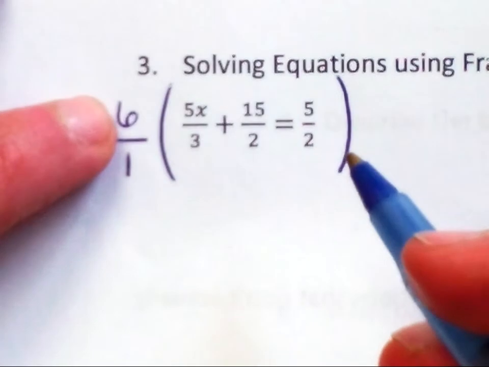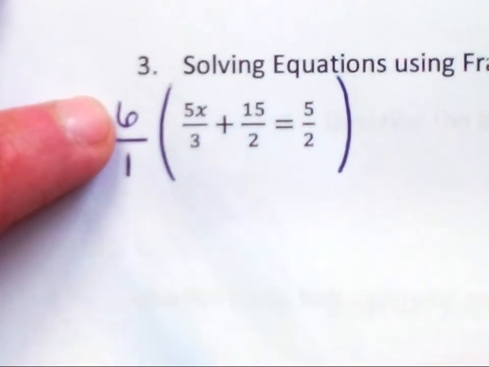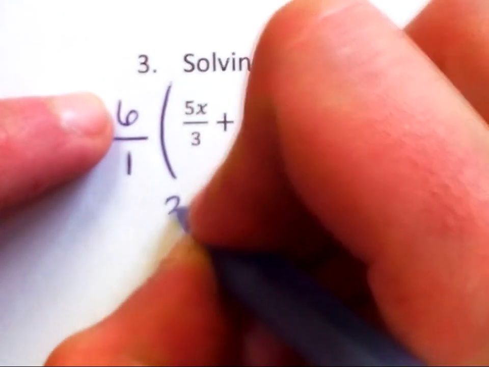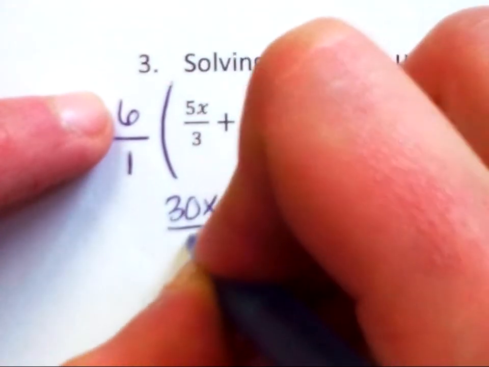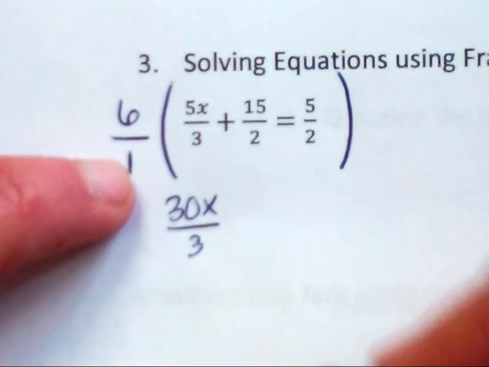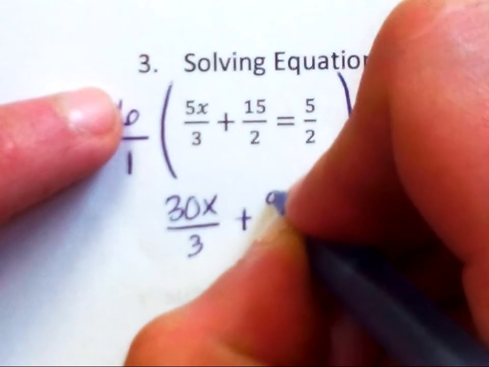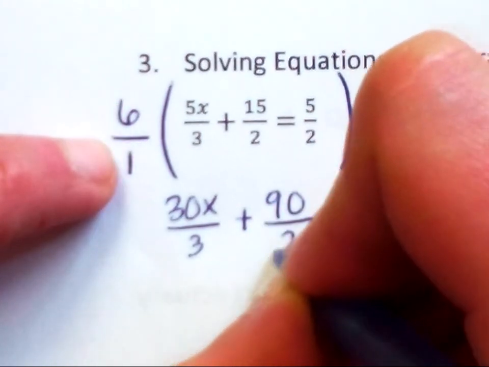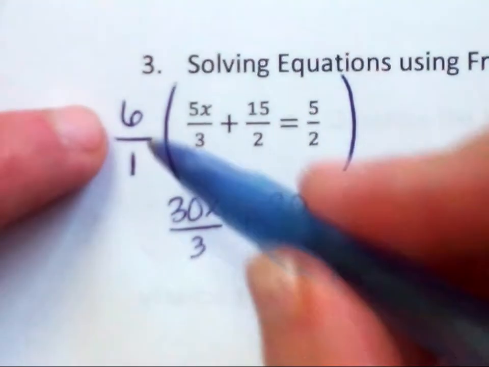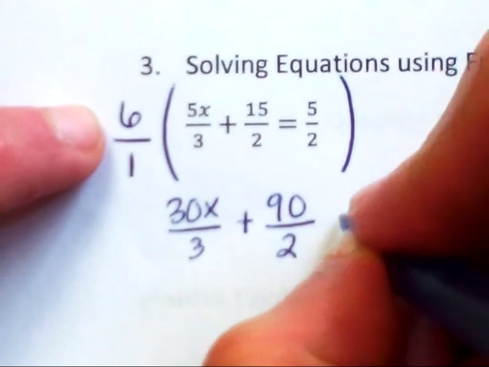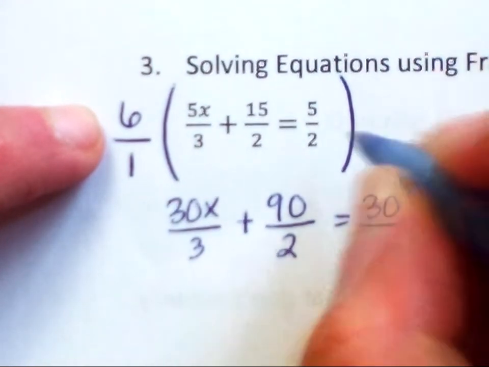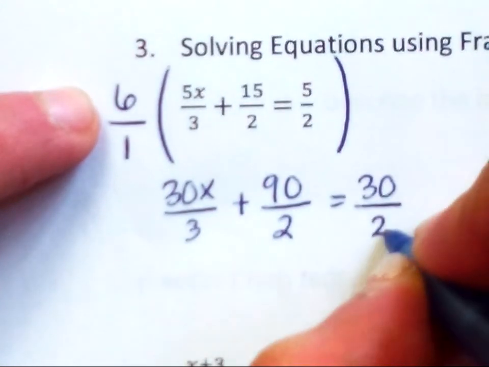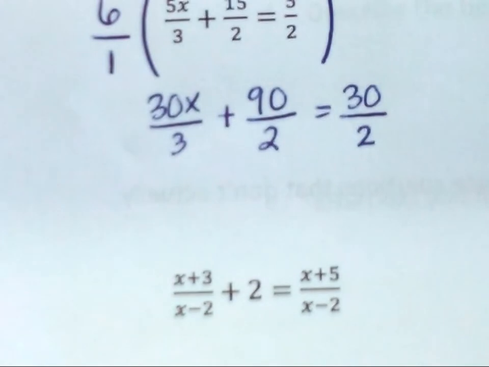So 6 times 5x is 30x, and that's over 3. And then 6 times 15 is 90, which is over 2. 6 times 5 is 30, which is also over a 2. And then we're going to reduce those fractions.